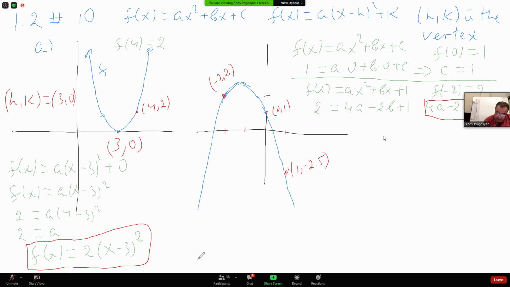Now, f at 1 equals negative 2.5. So I have negative 2.5 equals 1 squared is 1 plus b plus 1. So now we have a plus b equals negative 3.5.